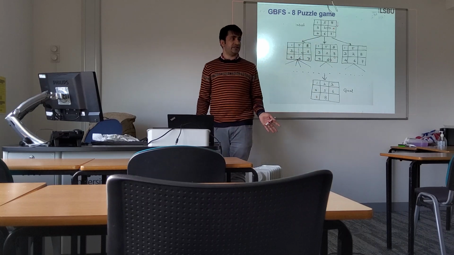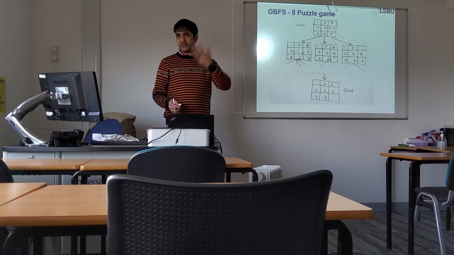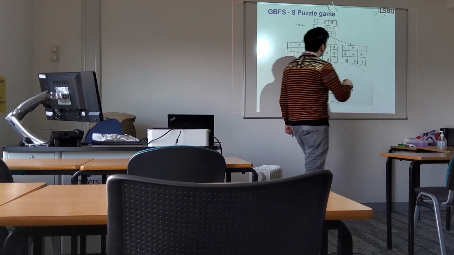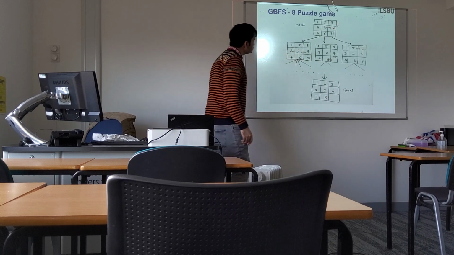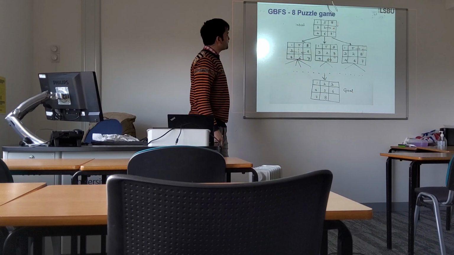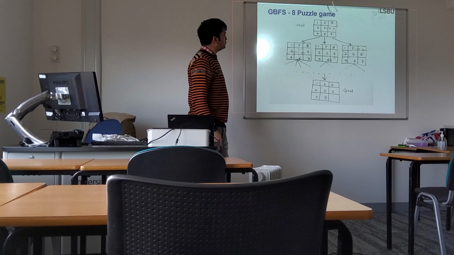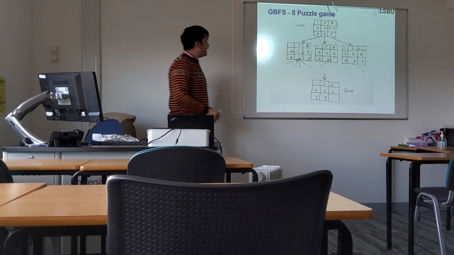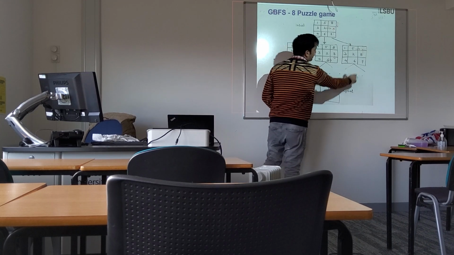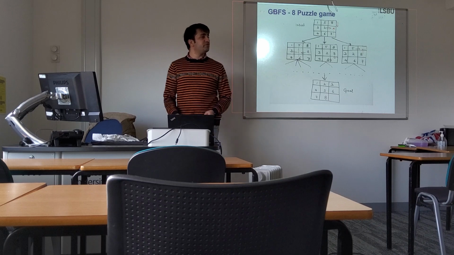These are the only possibilities if you want to expand further. And same goes here, either 5 can come here or 8 can come here. So here we have 4 possibilities, 2 possibilities, 2 possibilities. But at the moment we don't know which direction to move.